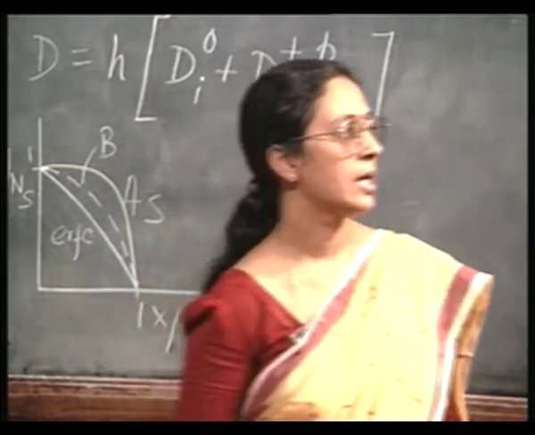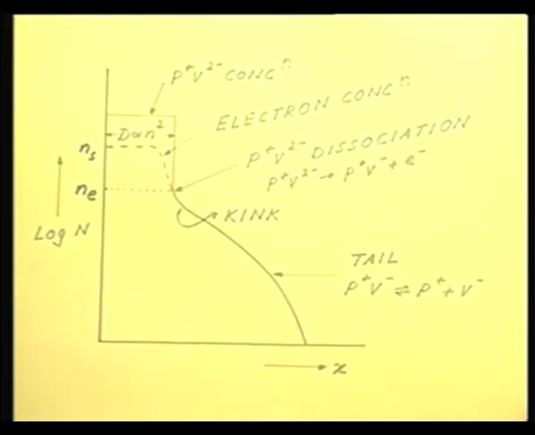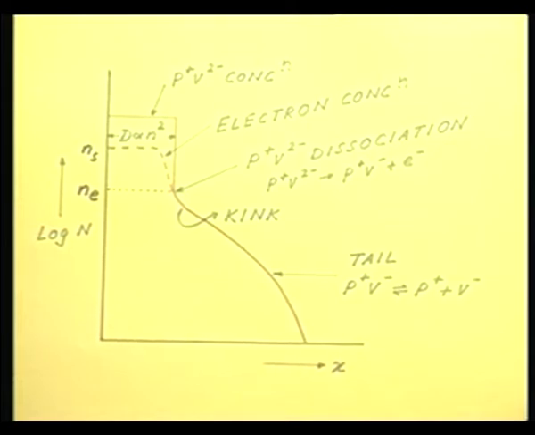Now, in this flat topped portion, you see D is proportional to n square, that is, this is the region where the phosphorus impurity has interacted with the doubly negatively charged vacancies. And that is given by this P plus V2 minus. Okay.